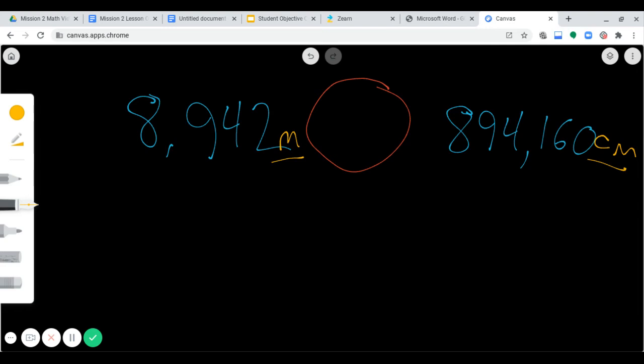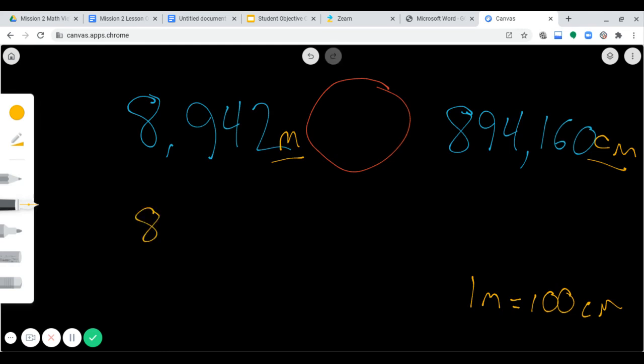Let's recall, how many centimeters does it take to make 1 meter? Centi means 100. So 1 meter is equal to 100 centimeters. I want to convert the meters into centimeters. How can I do that? If there are 100 centimeters in 1 meter, I have to multiply by 100.